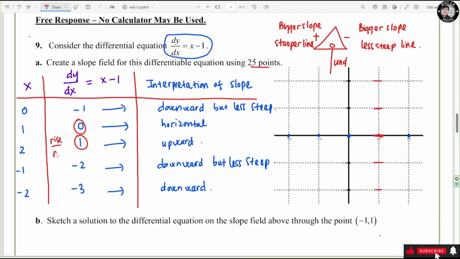Rise over run, so it could be 1 over 1. So go up by 1, go to the right by 1. So it's going to be something like this. So you connect this guy right here. So the slope should be something like this.